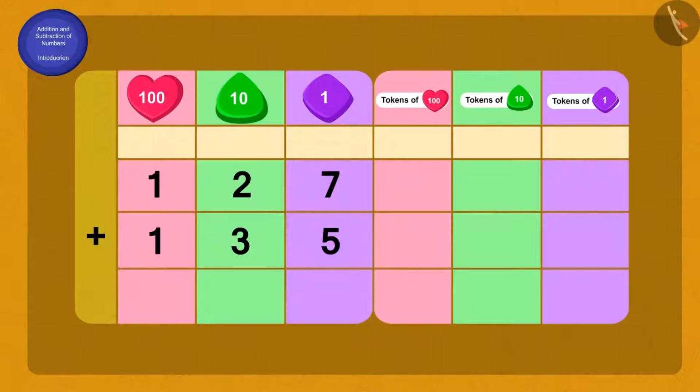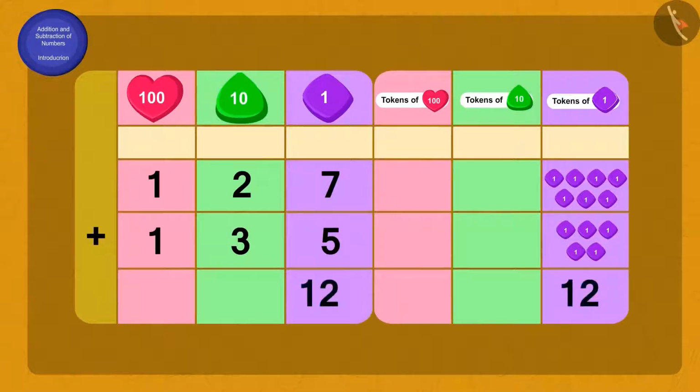What do we have to do first? Yes, by adding 7 ones to 5 ones, we get 12 ones. How will we write 12 ones? That's correct. Using the carryover method, 10 tokens of 1 can be written as 1 token of 10, as 1 in the tens place.